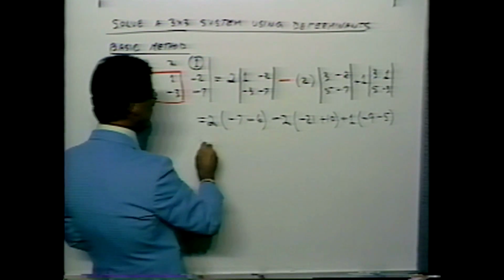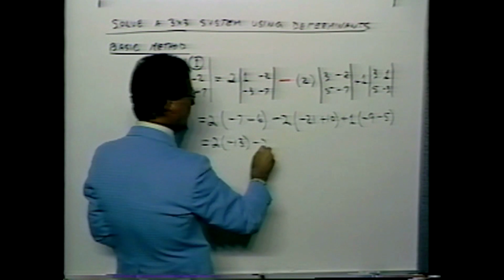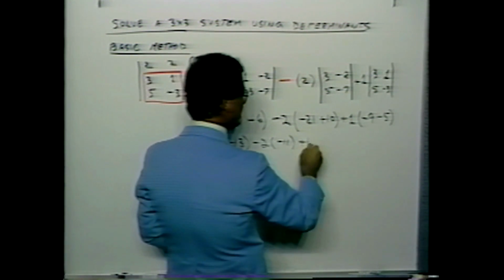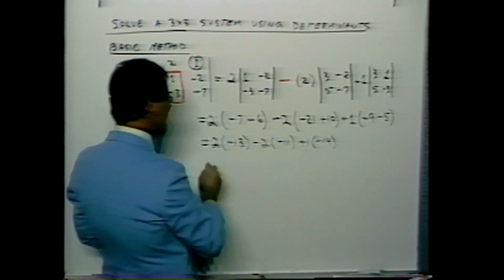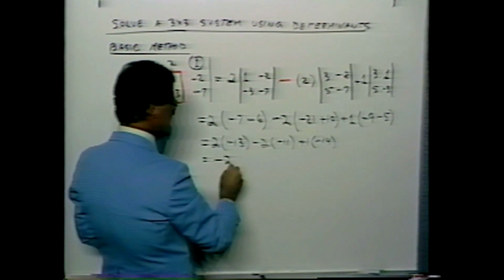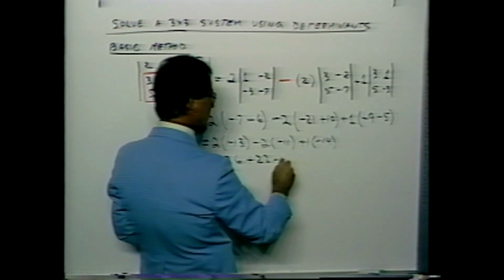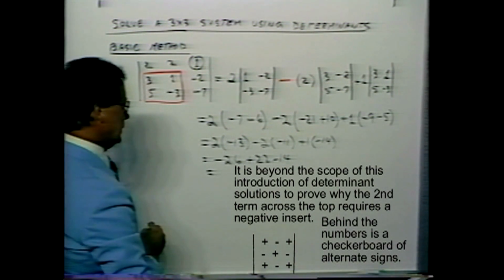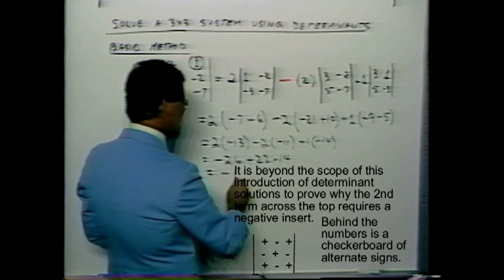Continuing, we have 2 multiplied by minus 13, minus 2 multiplied by minus 11, plus 1 times minus 14. Continuing, minus 26 plus 22 and minus 14. This amounts to negative 40 plus 22 is negative 18.